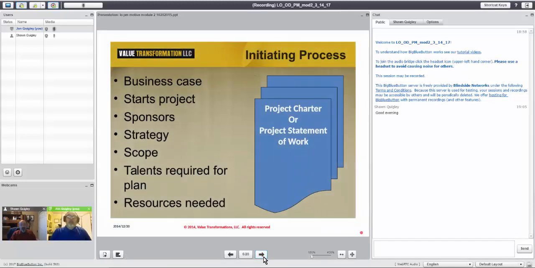So the initiating process contains things like this. Business case. The initiating process kicks off the project or starts the project. We'll need to know who the sponsors are. Those are the people that are funding this thing. We'll need to know some strategy that the company may have for this project. And certainly we have to develop a strategy for how the project is to achieve the end goals or the objectives of the project.